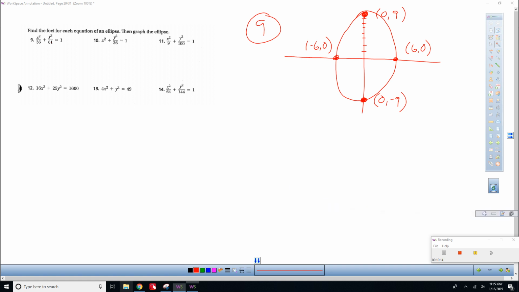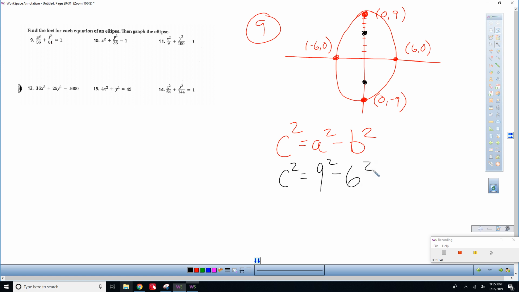Well, remember, it's kind of the Pythagorean theorem. C squared is A squared minus B squared, and C represents how far the foci are from the origin. Okay? So we're looking for C. We know our A and B. C squared is 9 squared minus 6 squared.